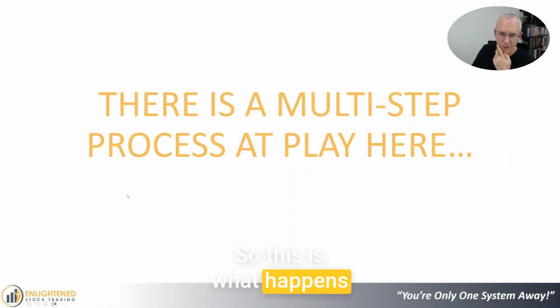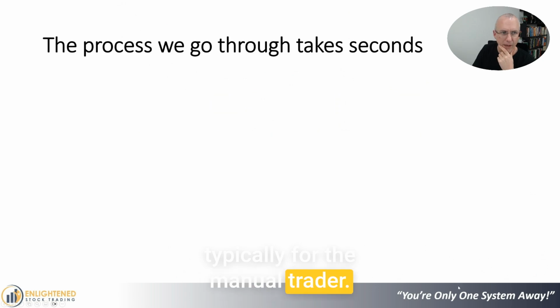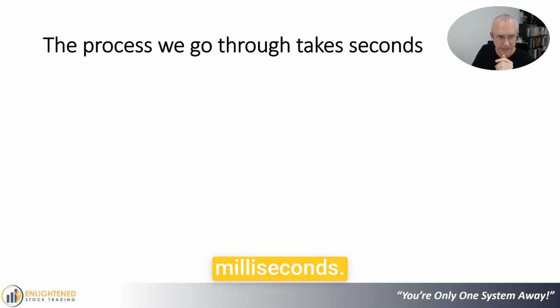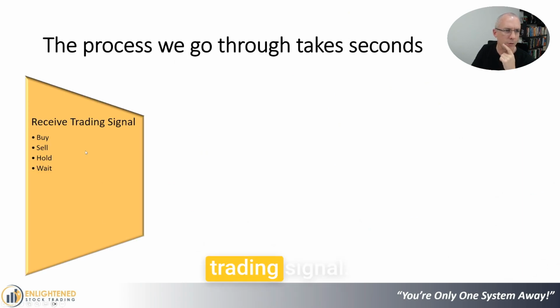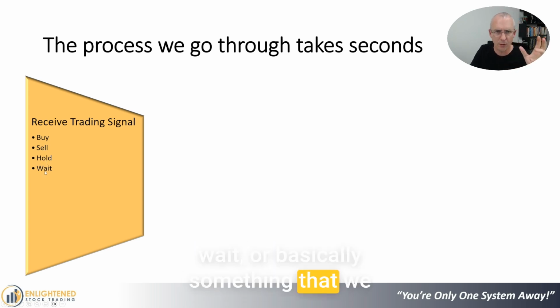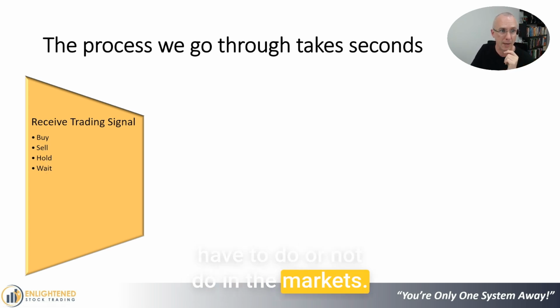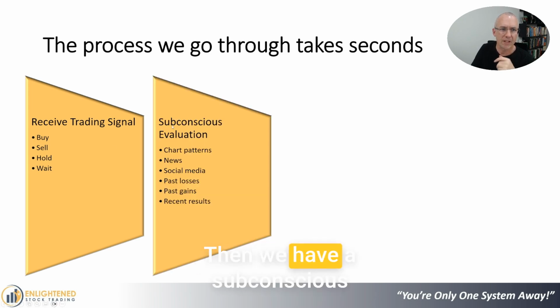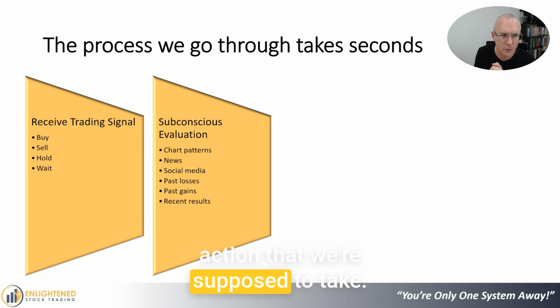So this is what happens typically for the manual trader. There's a process we go through and it only takes seconds or milliseconds. First of all, we receive the trading signal. It's either a buy, a sell, a hold, or a wait, or basically something that we have to do or not do in the markets. Then we have a subconscious evaluation of that signal or action that we're supposed to take.